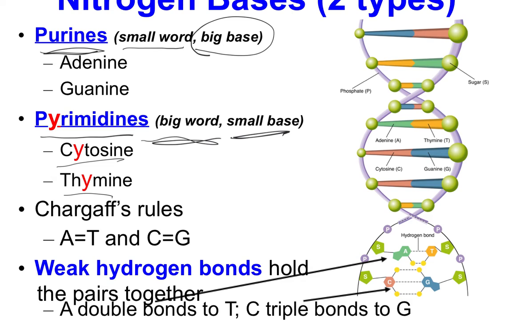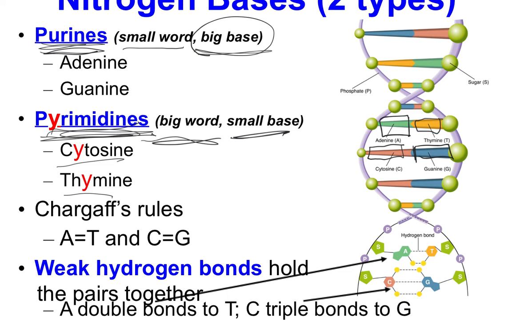The purines, adenine and guanine: purine is a smaller word, but it's a bigger base. Pyrimidines, that's a really big word, but it's talking about the smaller bases, cytosine and thymine.